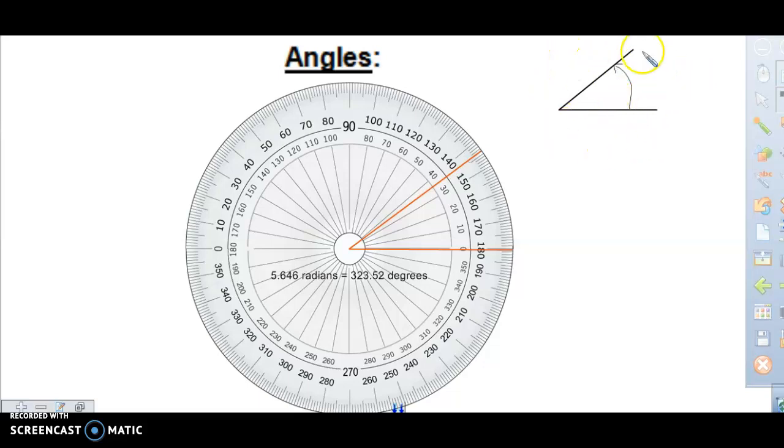And if I look at an angle, just general terminology, we call those the arms or the sides of an angle. Where they meet, or the fixed point, is called a vertex. When I look at angles, and you must know this from last year, a circle is 360 degrees.